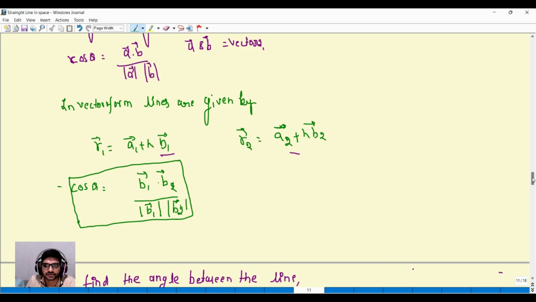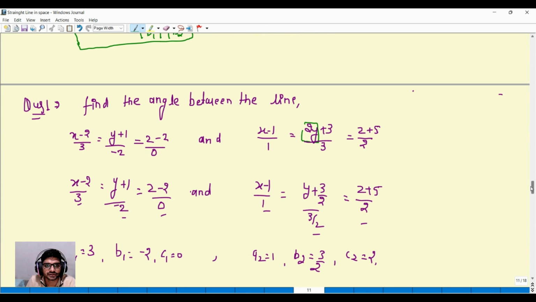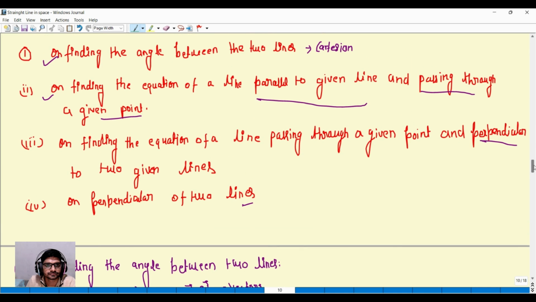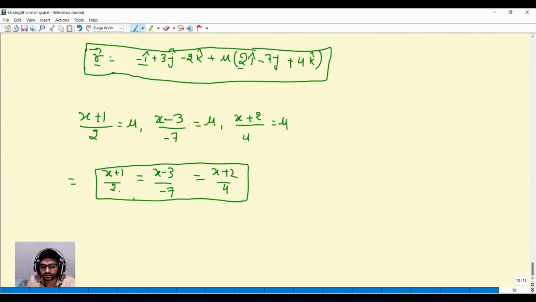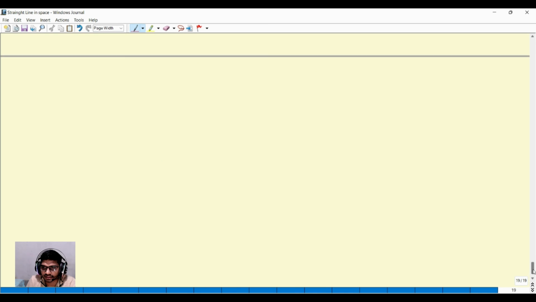Our fourth topic is on perpendicularity of two lines. How can we find that two lines are perpendicular? We are going to give the heading of our topic: fourth topic is on perpendicularity of lines.